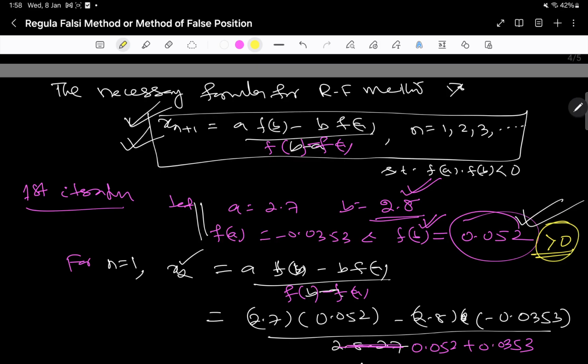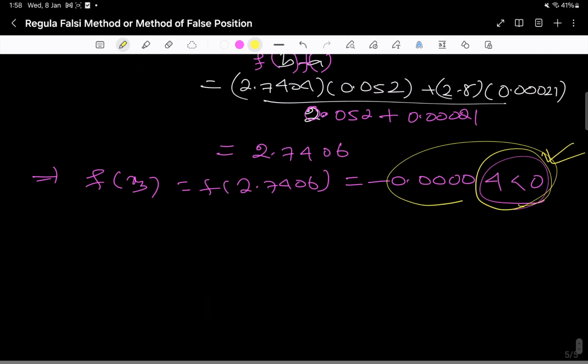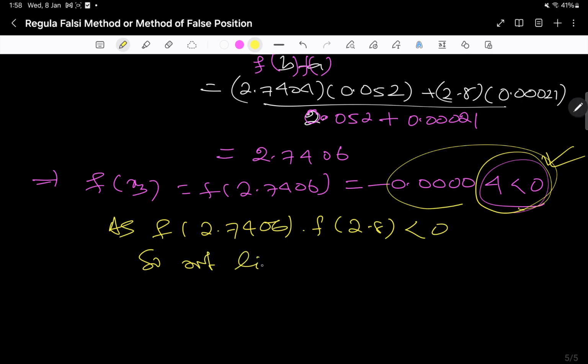So I consider this f of 2.8, and my this as f of 2.7406 into f of 2.8 is negative. So the root lies in 2.7406 comma 2.8.